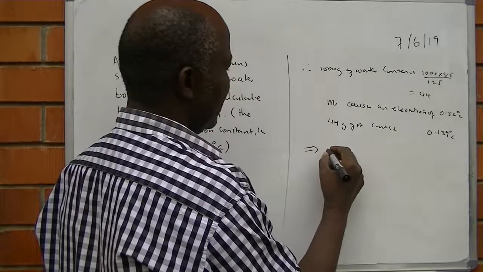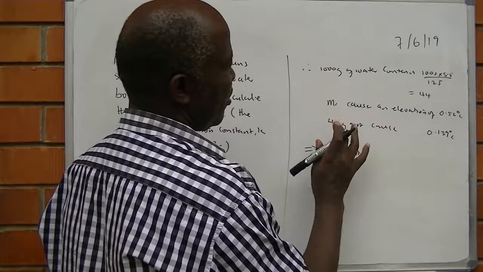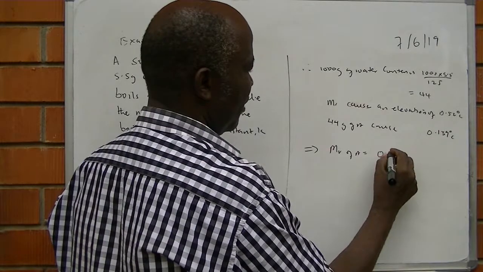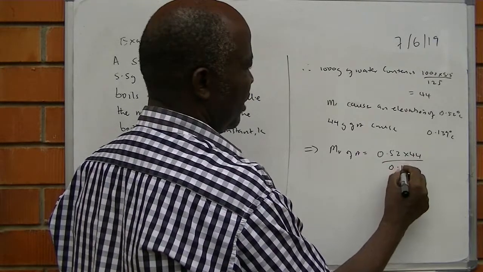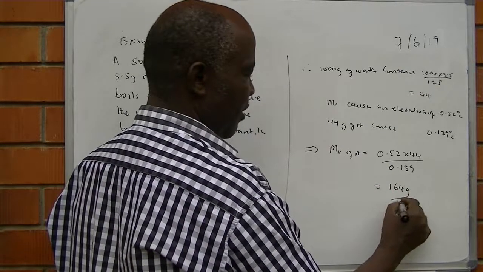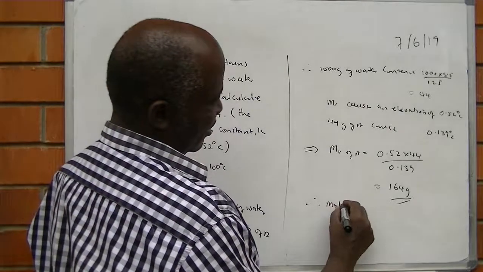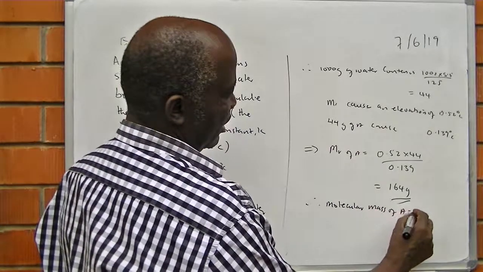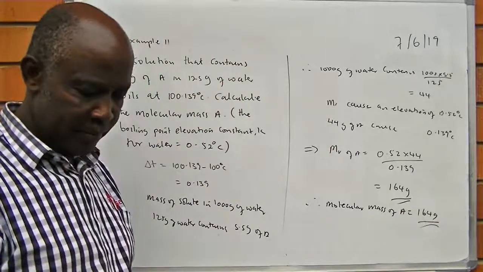It implies that the molecular mass of A will be equal to this times this over this, which is equal to 0.52 times 44 over 0.139, and this is equal to 164 grams. Therefore, the molecular mass of A is equal to 164 grams.